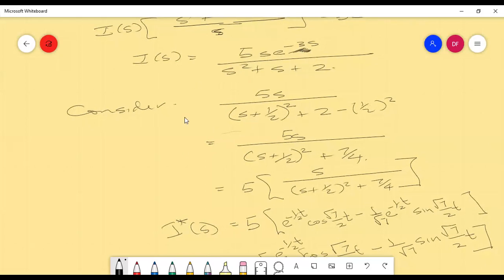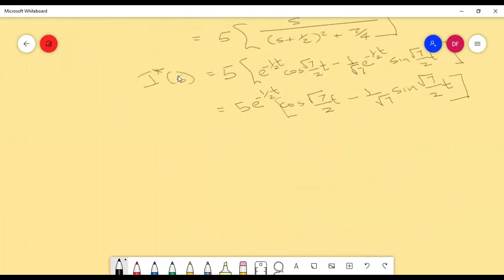So what we have to do is everything that is here, that's why I put a star on it. So our y is actually 5 e to the minus a half.